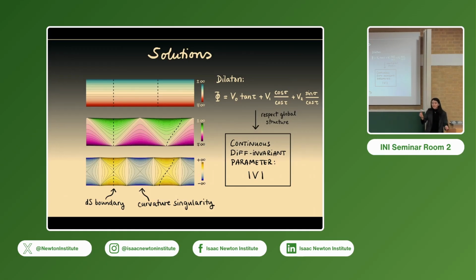And in those cases, the dilaton represents the area of spheres in these spherically symmetric spacetimes. In particular, the regions where the dilaton goes to plus infinity represent expanding, inflating regions, which I've labeled here as a de Sitter boundary, whereas the parts of spacetime where the dilaton goes to minus infinity represent curvature singularities in the higher dimensional theories.